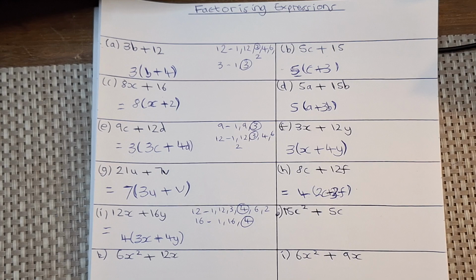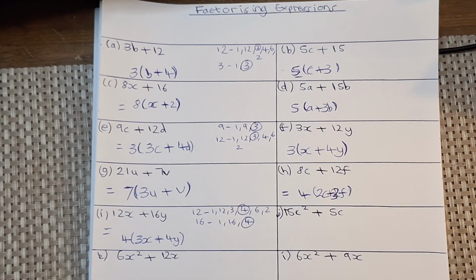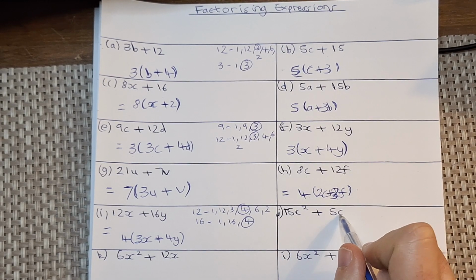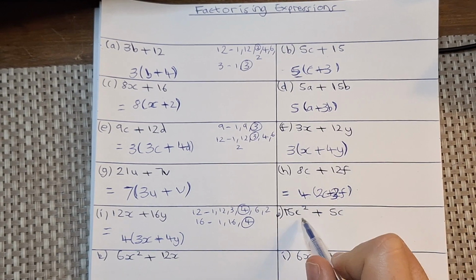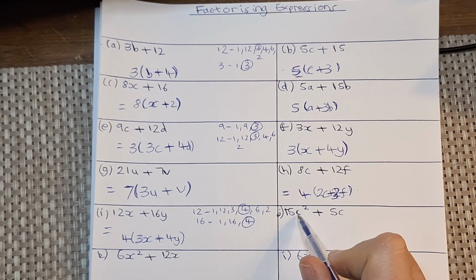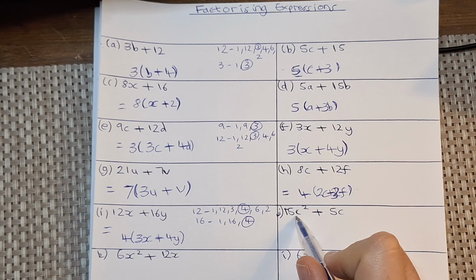So next question, this is slightly harder. We need to look at, again, the highest common factor, but we need to factor in that we have c squared here and c here. Looking at the highest common factor of c squared and c, it is c.